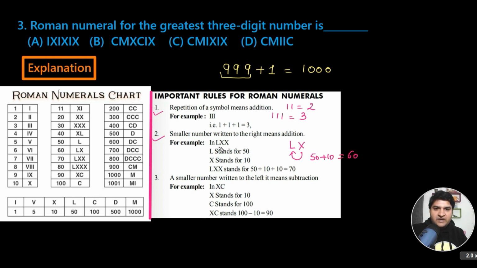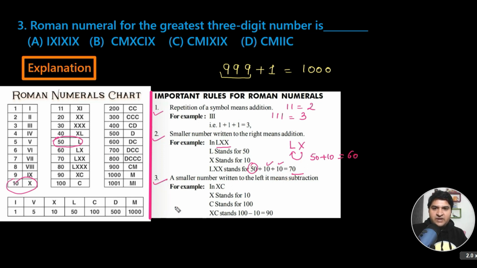Or if we are writing LXX, L is represented by 50 and X is represented by 10. So we are adding this 10 and 10 to this 50. So 50 plus 10 plus 10, you will get 70.